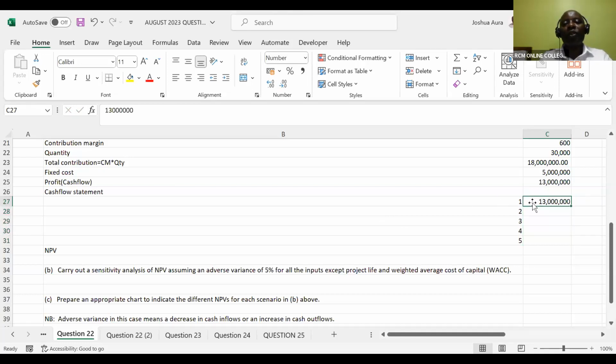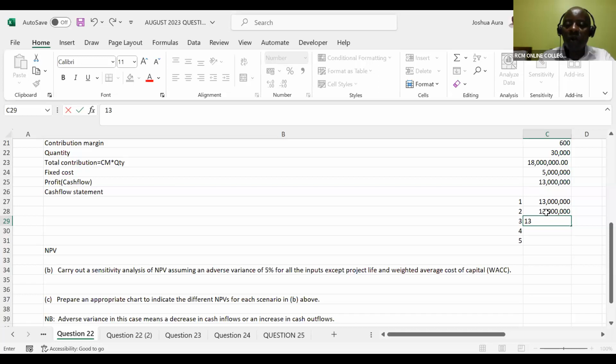For 5 years. You can come and drag this, but for now just use the longer way first. Every year I'll be teaching you the shortcuts, but for now, every year I'm enjoying this 13 million.